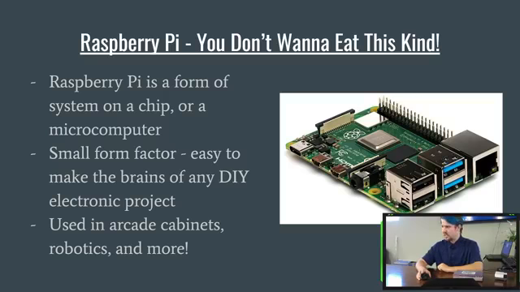I'll show exactly where the brains are on all of my projects during the showcase, but you'll see that they're usually tucked away, out of sight. They don't interfere with the design of the project because they're just meant to be the quiet CPU that does all of the thinking. They're not really the center of the showcase. Used in arcade cabinets, robotics, and more.